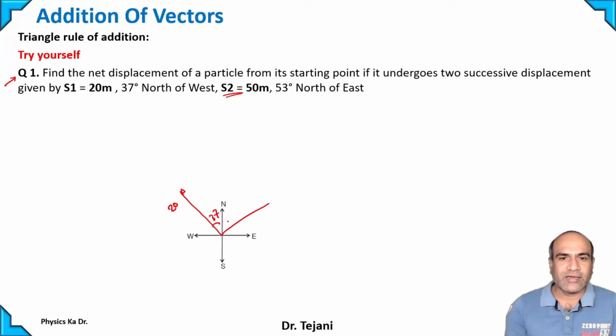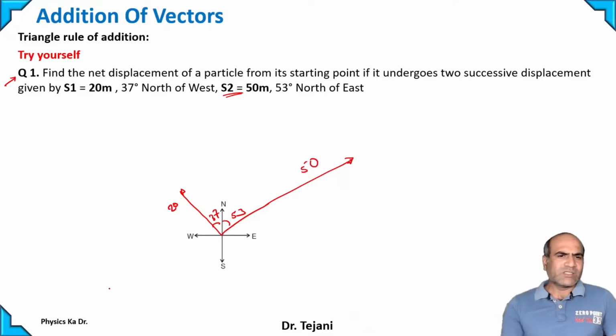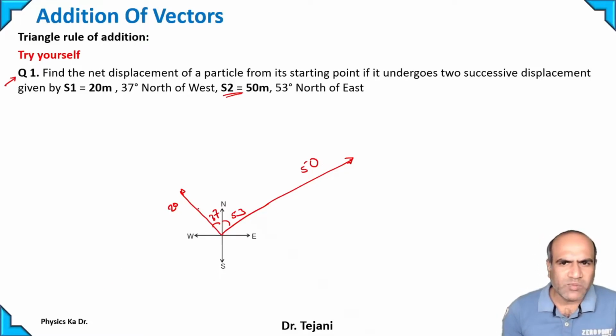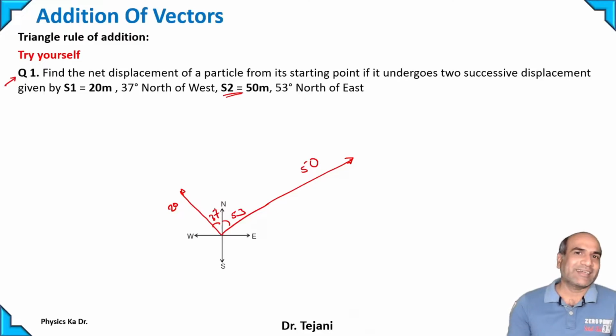In this direction the angle is about 53, and the magnitude is about 50. Solve this by yourself. This is your homework problem, right? Text me your answer in the comment box.